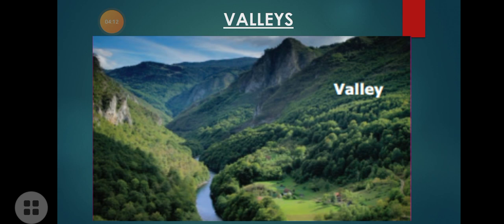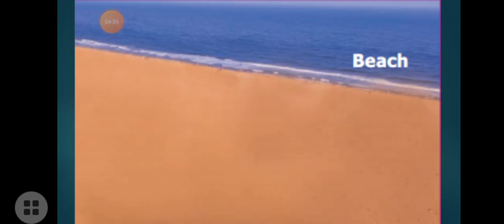This river water flows from the mountains and makes them into valleys. So this is the third order landform created by the erosion of river water.